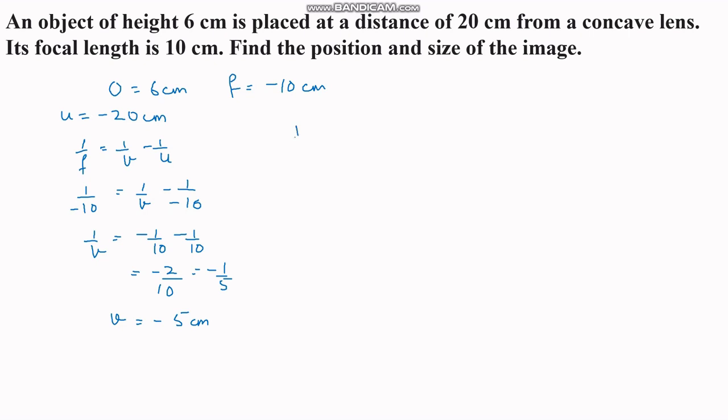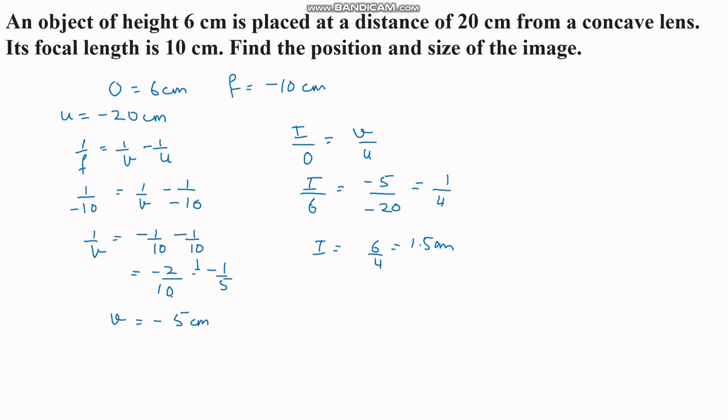Now, you also come to the fact that I upon O is equal to V upon U. That means I upon 6 is equal to minus 5 upon minus 20. This is giving you 1 upon 4. So I will be equal to 6 upon 4 equal to 1.5 centimeter.